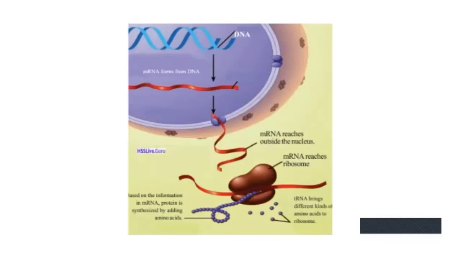Amino acids join together to form the protein. So these different kinds of amino acids are taken to the ribosome, and when it reaches the ribosome, a protein is produced, and this protein is produced with the help of mRNA. mRNA is taking the message to the ribosome, and this message reaches the ribosome with the help of tRNA. tRNA carries these amino acids to the ribosome, and a protein is made with the help of transfer RNA and ribosome.